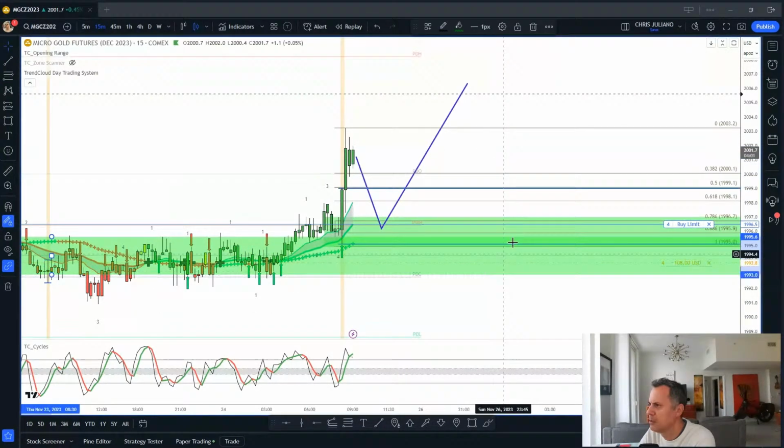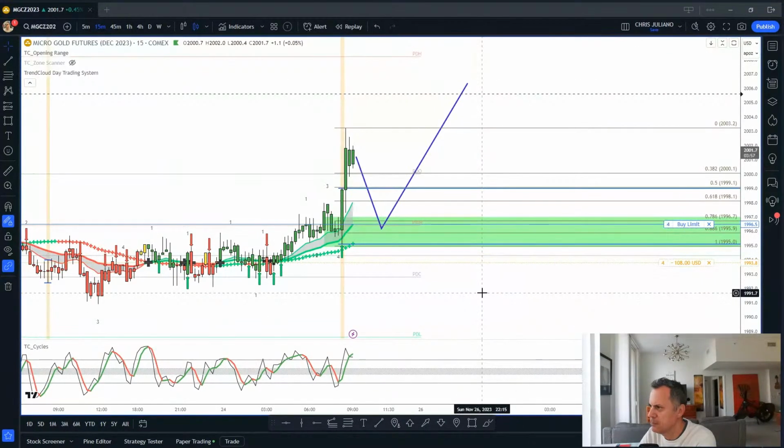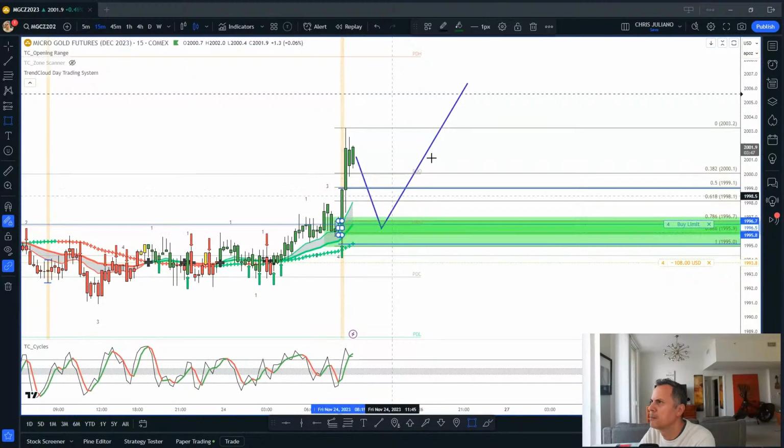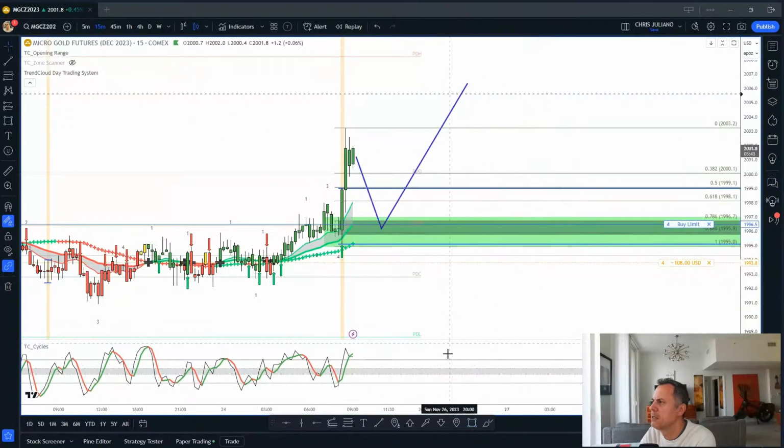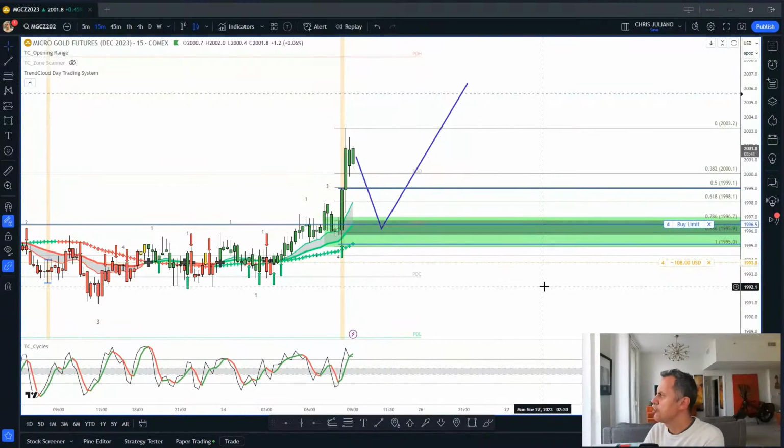So let's do this so that we could see that very clearly. Grab another little box, and from here to here, make that darker. I love using color like this. There's your ratio confluence.